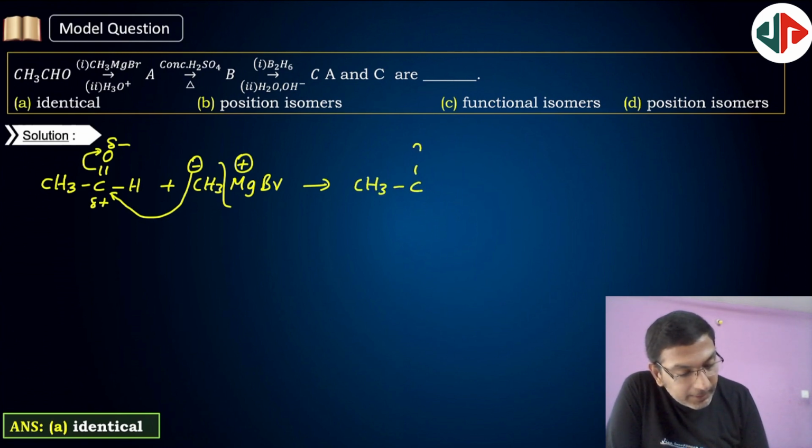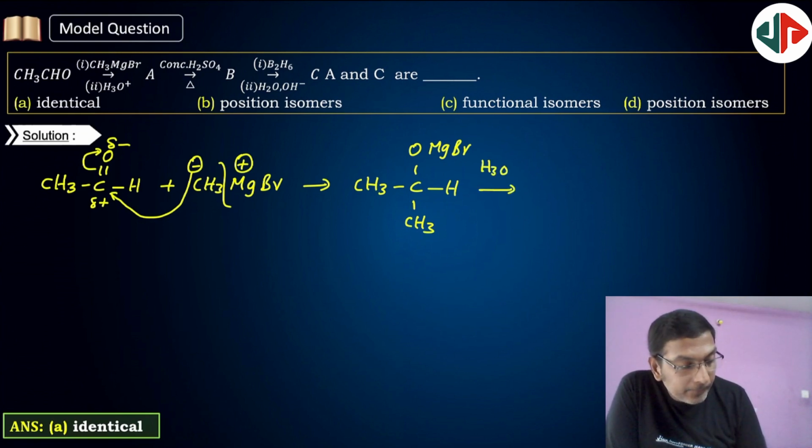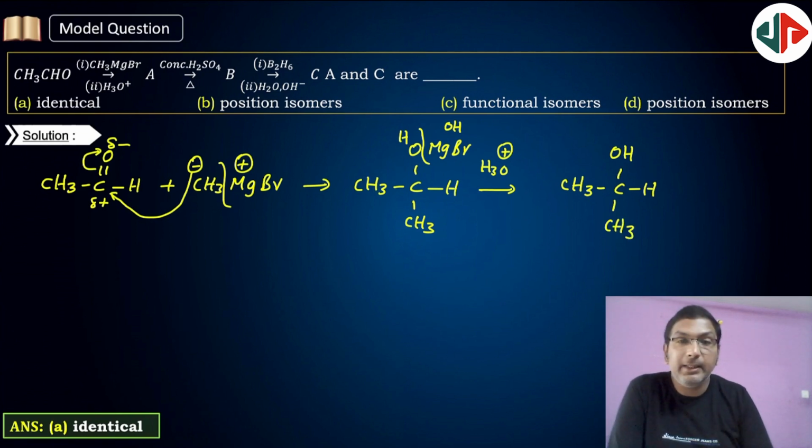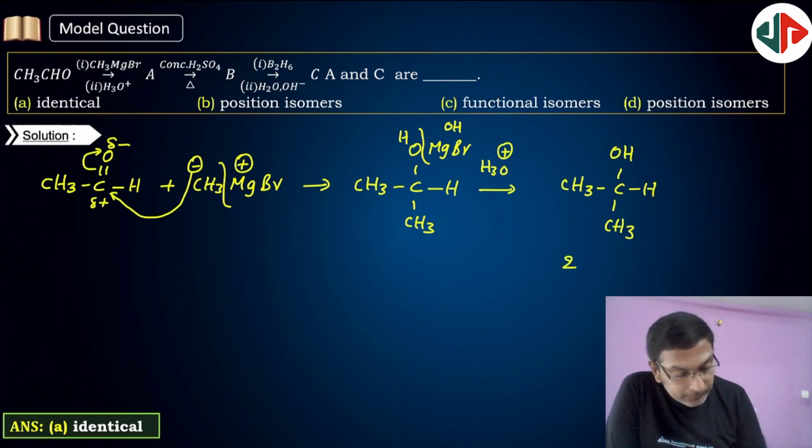It gives the intermediate compound with OMgBr, H, and CH3. Which on hydrolysis will give CH3CH(OH)CH3, a secondary alcohol, which is isopropyl alcohol.